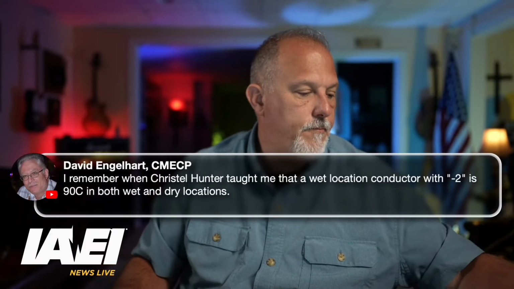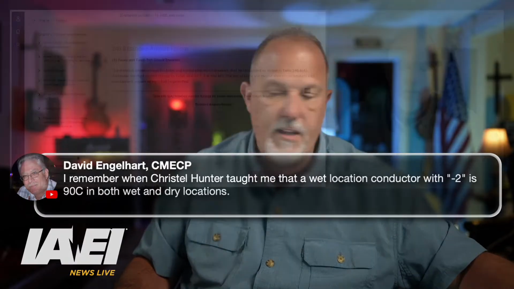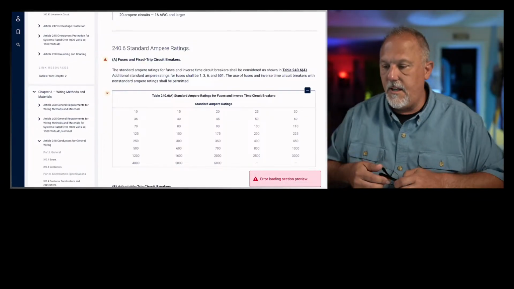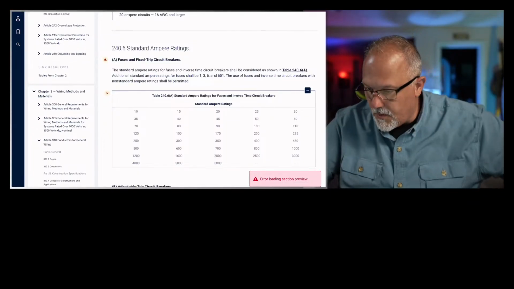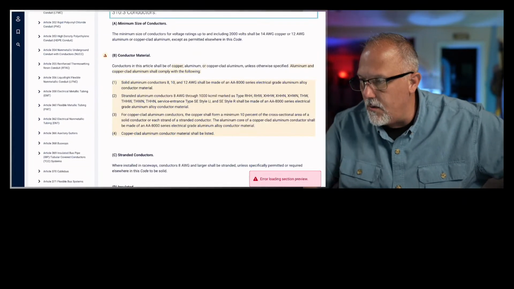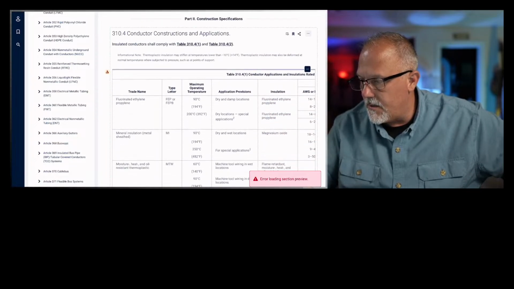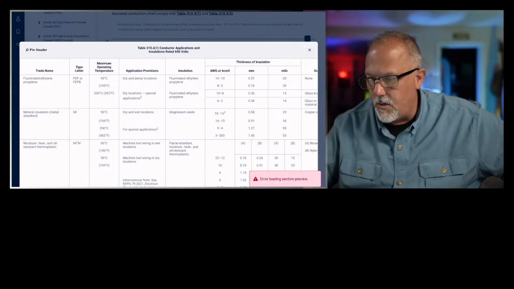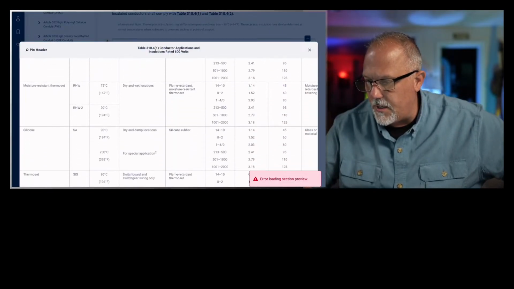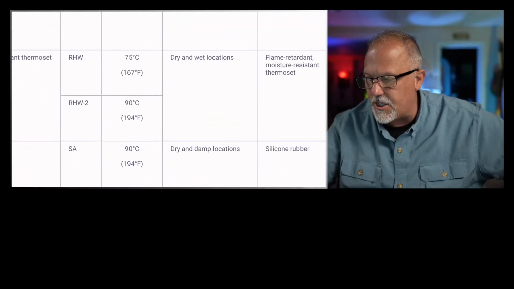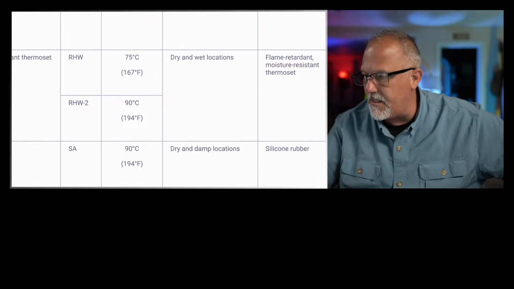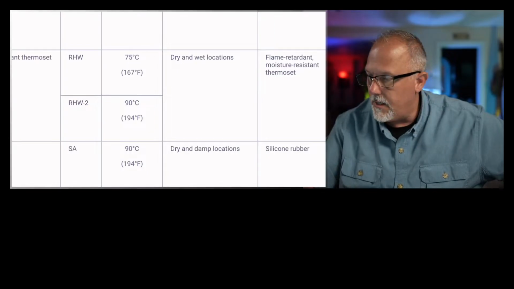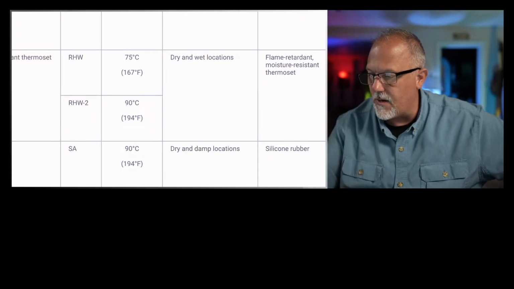So if we go to 310, here's our table right here. Let's look for a -2. There's a -2 right here. RHW-2, 90 degrees C, dry and wet. RHW without the -2 is 75 degrees C, dry and wet.